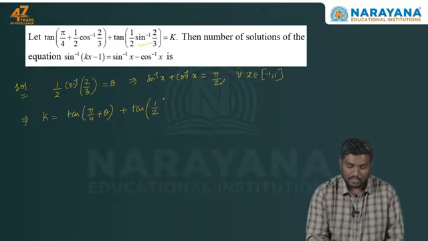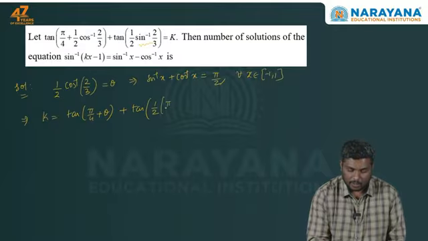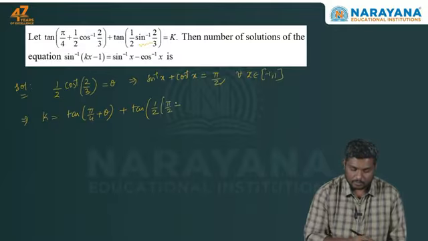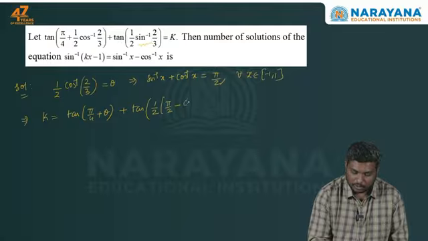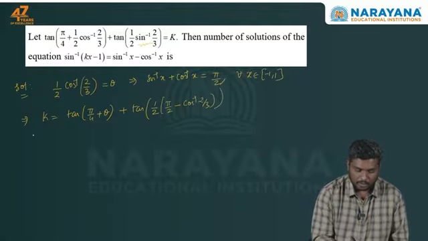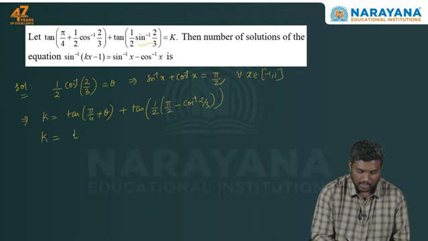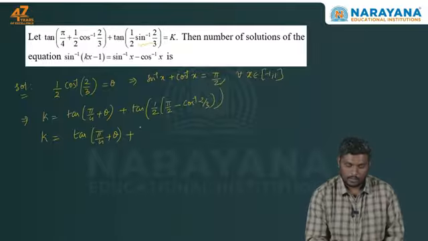into sin inverse. What is sin inverse? Pi by 2 minus cos inverse 2 by 3. Okay, and this is going to become tan(pi by 4 plus theta) plus tan pi by 4.